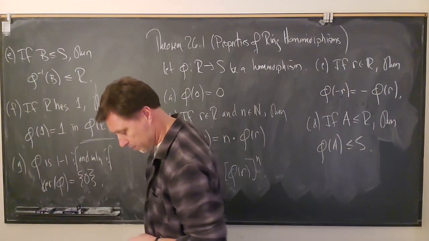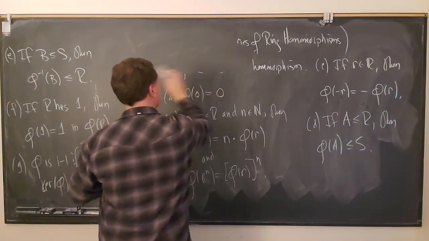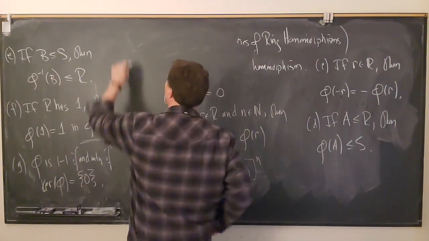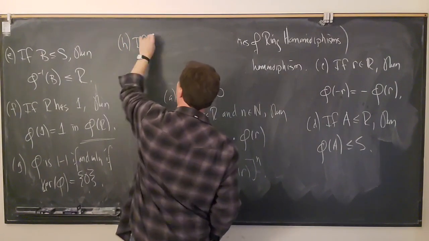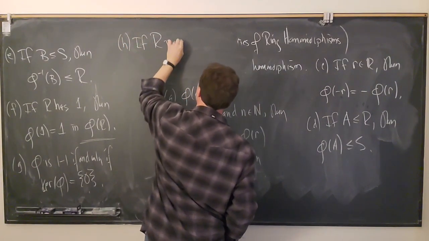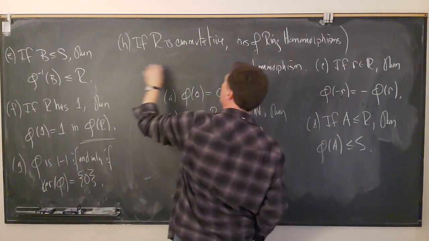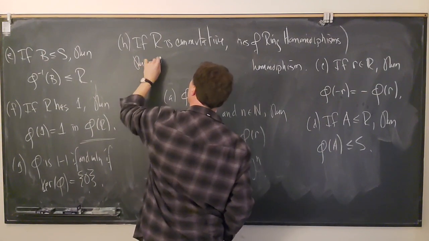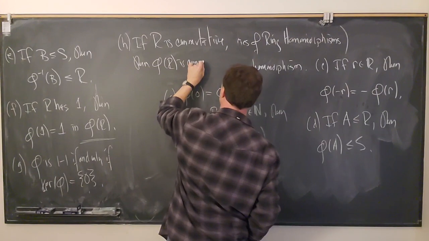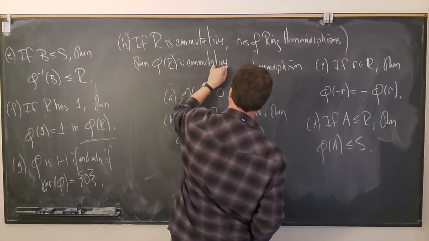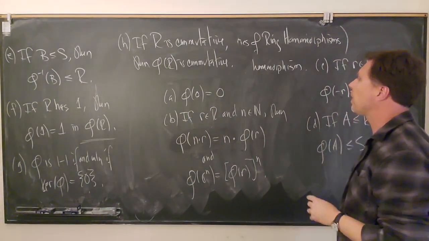And then the last one, so let's say part H, if R is commutative, then the image phi of R is commutative. Okay, so let me just talk about a few of these and then we'll prove a couple of them.